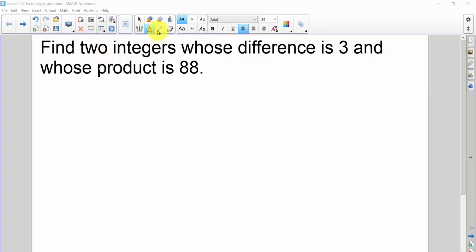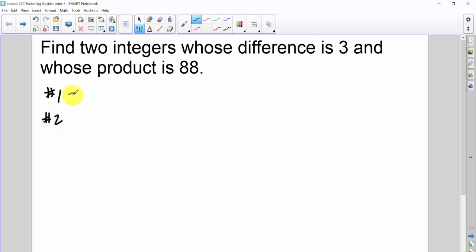Well, again, with all word problems, I want to basically outline things. So I have number 1 and number 2, and then I want to write expressions for each one. If I don't know either, I call one of them x, and I know the difference between these two numbers is 3.